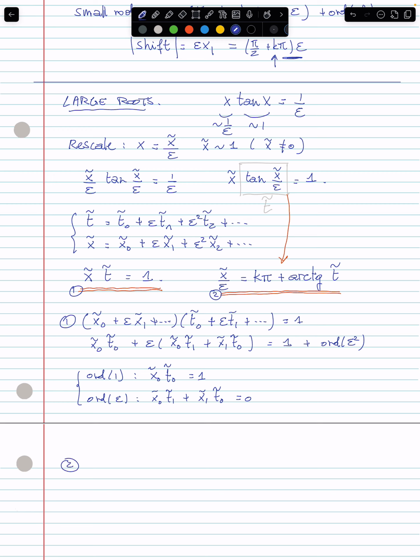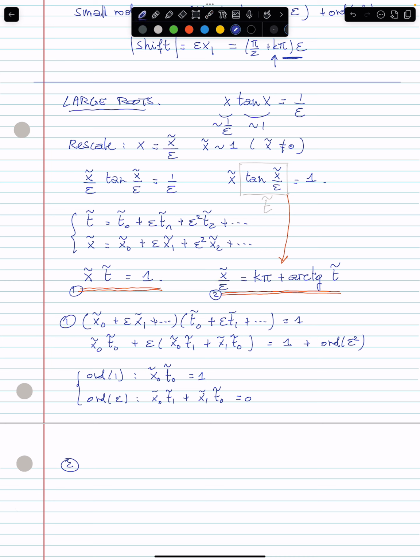So the second equation just says that we have x tilde over epsilon. Let me just multiply it by epsilon, all right, because we don't like having epsilon in the denominator.